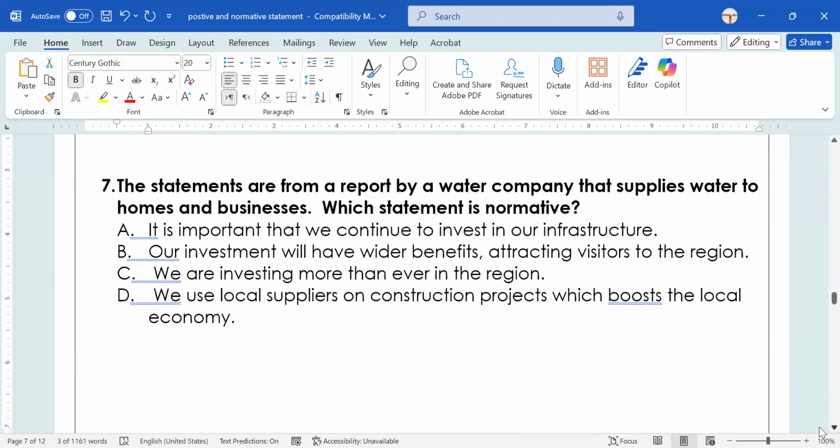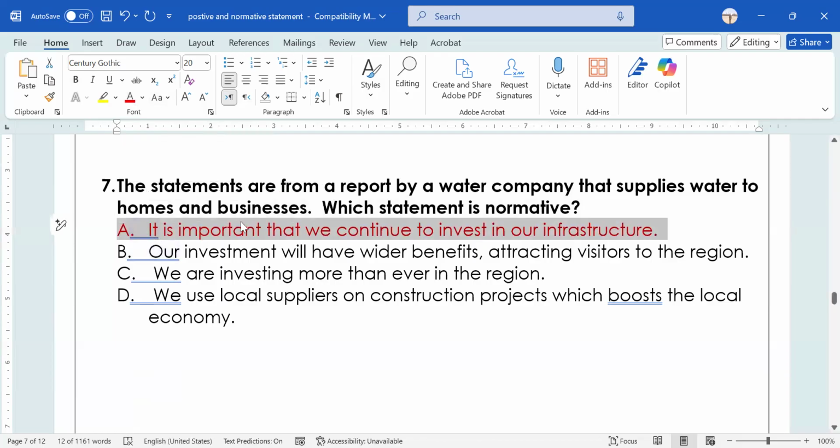Number seven, the statements are from the report by the water company that supplies water to homes and businesses. Which statement is normative? It is important that we continue to invest in our infrastructure. This is a normative statement. Why?